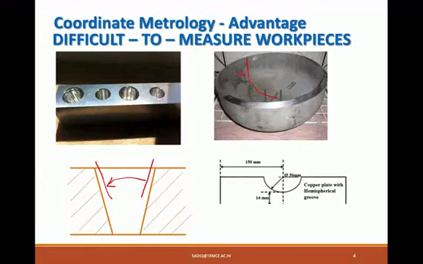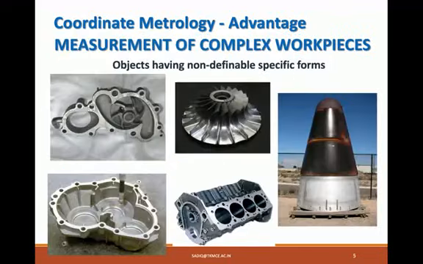Maybe if you want to check the radius of this, move the stylus along this plane by blocking the movement of one of the axes, then you can get these lines. The system will fit the curvature and substitute these points in the corresponding equation, and it will compute the radius of curvature. So these are all possible with this. These look to be simple, but let's see a few more cases.